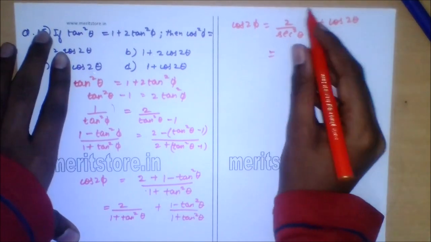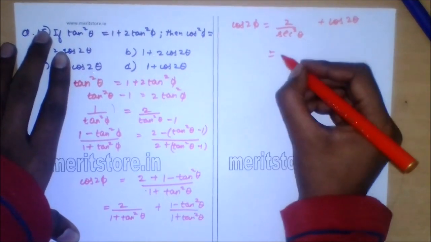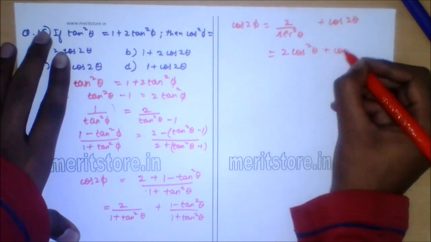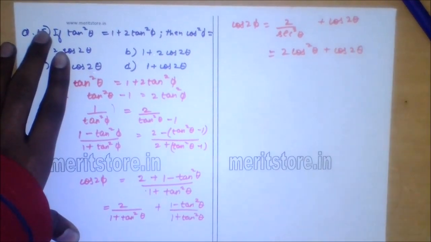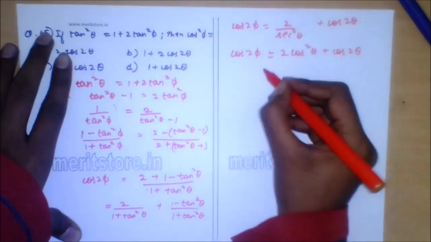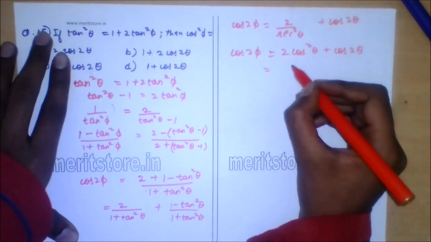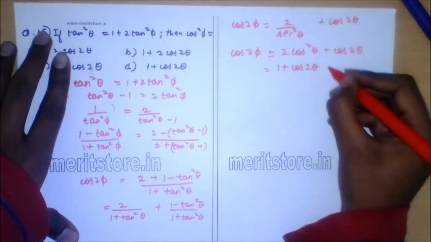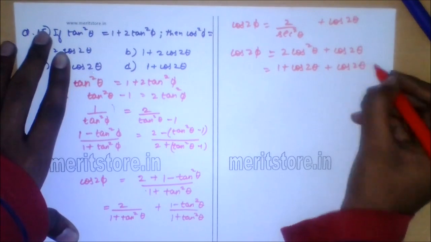Sec square theta is 1 upon cos square theta. So we have 2 cos square theta plus cos 2 theta, which is cos 2 phi. 2 cos square theta is 1 plus cos 2 theta, and this remains the same.